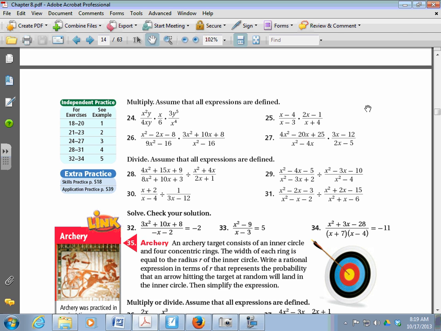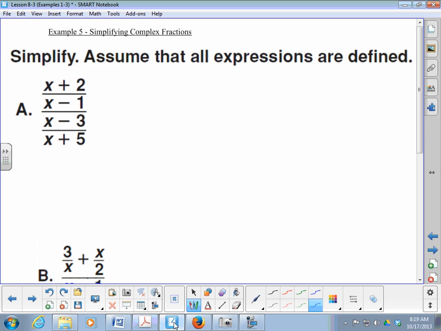What are these? They're dividing, right? And if you have a fraction divided by a fraction, what are you supposed to do? Okay? Multiply by the reciprocal, right? Okay? So that's exactly what I have, because if I think about this, all this really is a big fraction bar, which means that I have a fraction divided by a fraction.